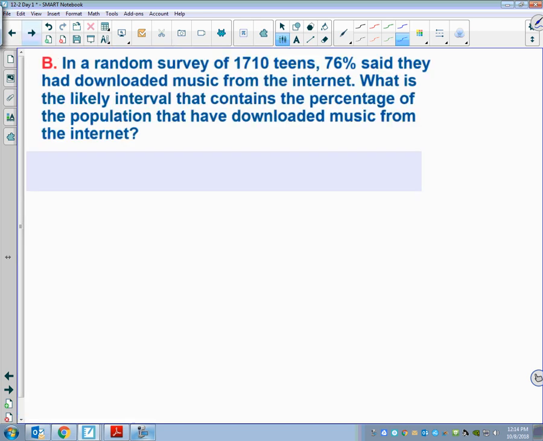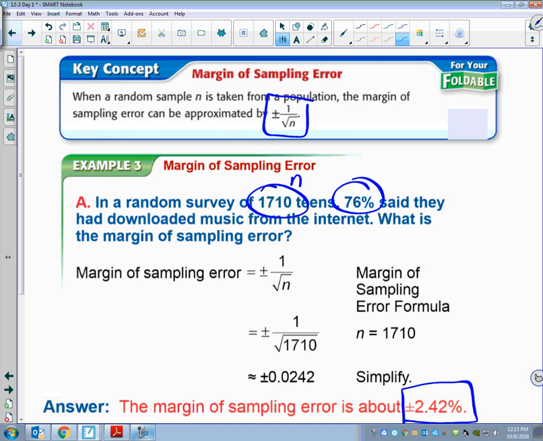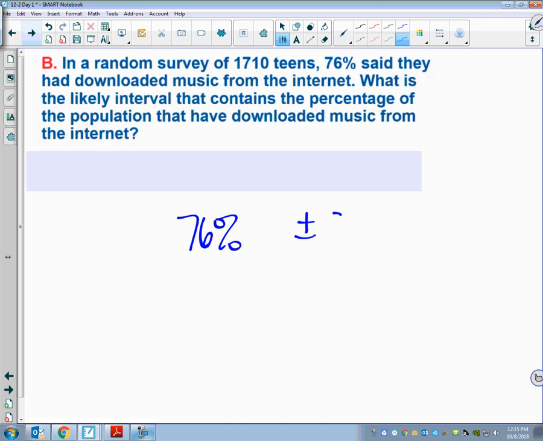So the second part of this says, what is the likely interval that contains the percentage from the population? So they told us that 76% had downloaded it, and we're plus or minus 2.42%. So we're just going to add 2.42% to that, right?